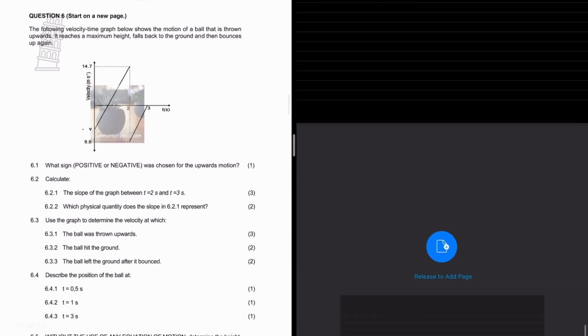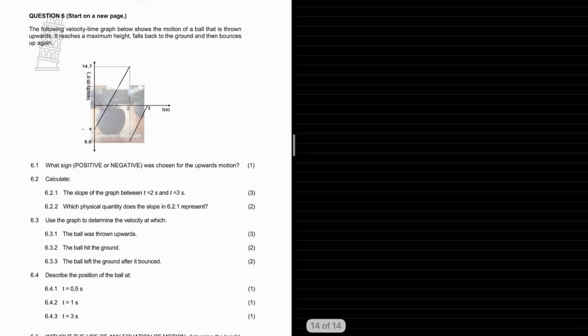Okay, let's take a look at question number 6. The following velocity time graph below shows the motion of a ball that is thrown upward. It reaches a maximum height, falls back to the ground, and then bounces up again. What sign was chosen for upward?